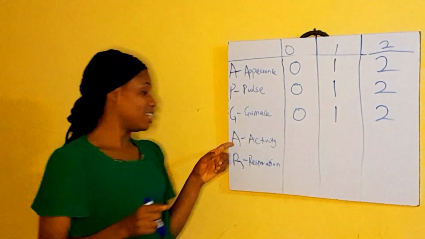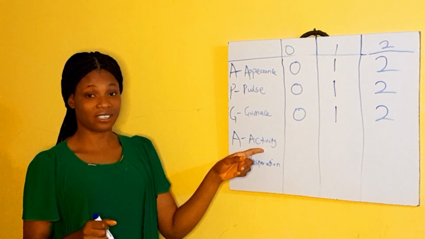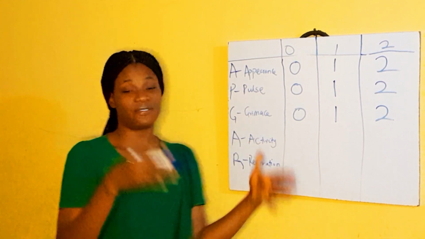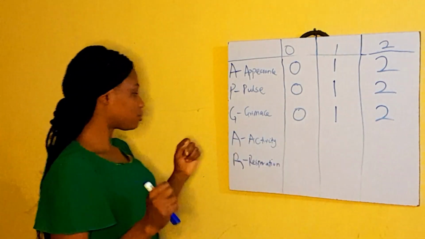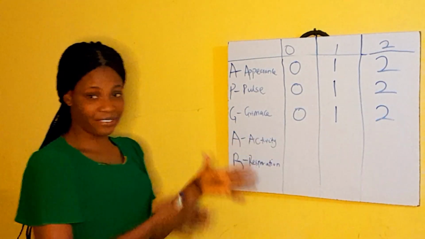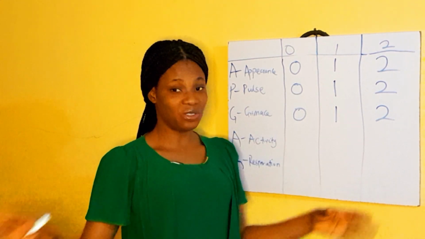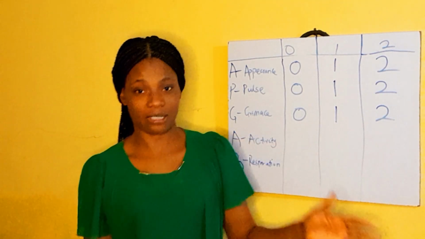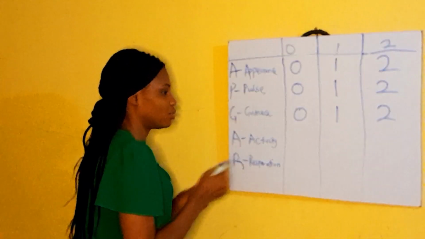Then the letter A stands for activity. How active is the child in the extrauterine life? If you assess in the first minute and in the 5th minute and there is no activity at all, no body movement, no activity, you score the child 0.